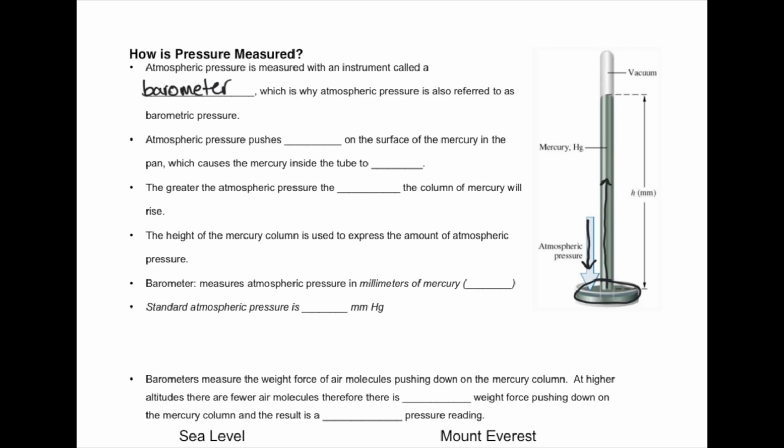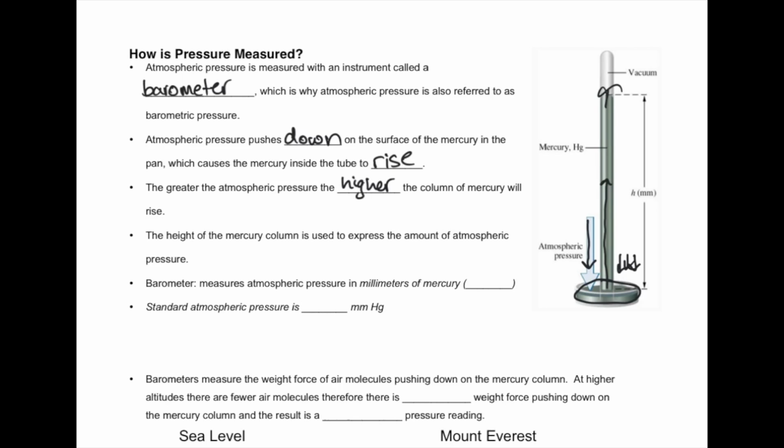So the atmospheric pressure pushes down on the surface of the mercury in the pan, which causes the mercury inside the tube to rise. The greater the pressure, or the more particles pushing down, the higher the column of mercury will rise.